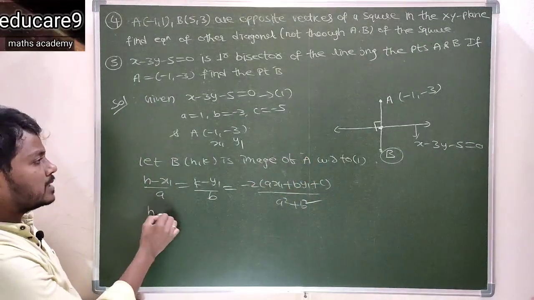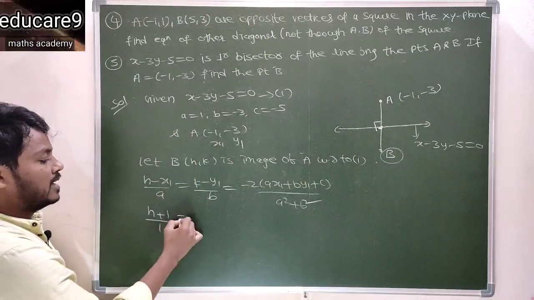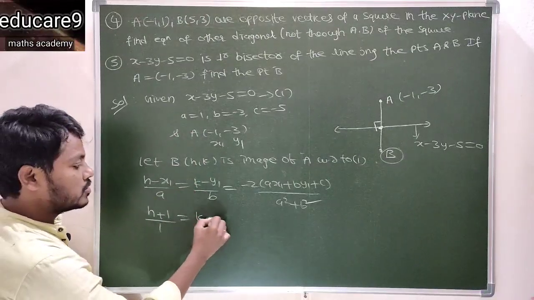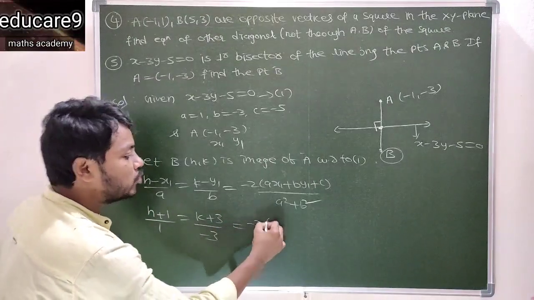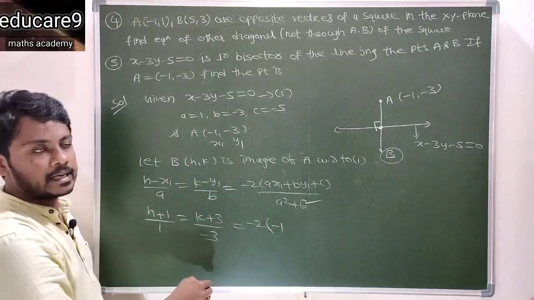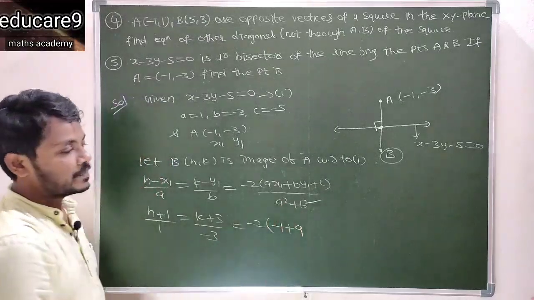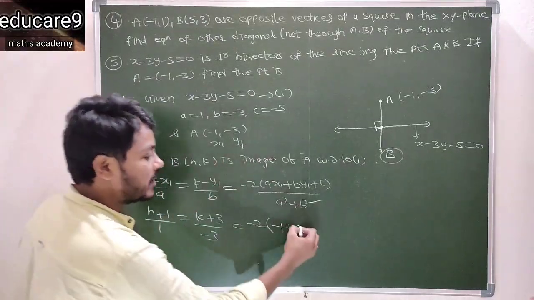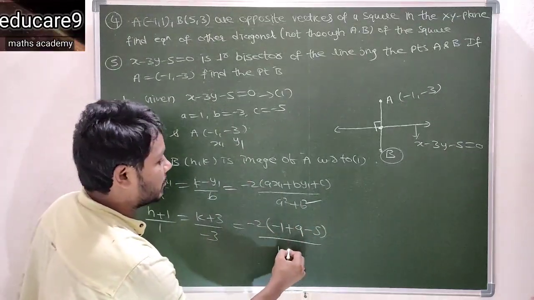Now h minus x1 is h plus 1 by a, that is 1, and k minus y1, so k plus 3 by b, that is minus 3, and minus 2 times a x1, so 1 into minus 1, minus 1, and b y1, minus 3 into minus 3, plus 9, plus c, that is minus 5, divided by a squared plus b squared, so 1 plus 9.